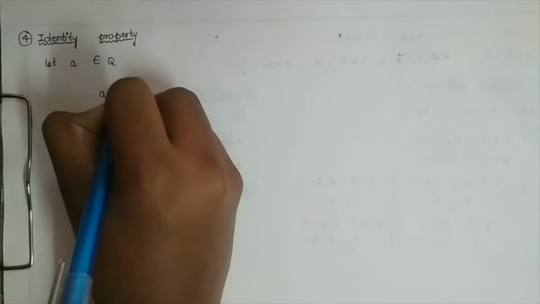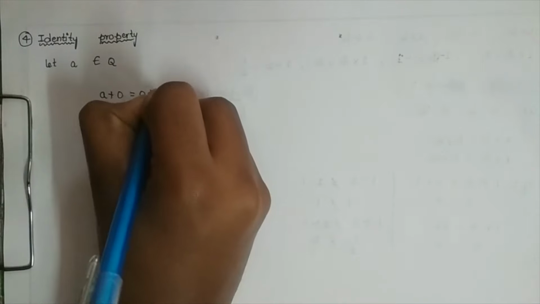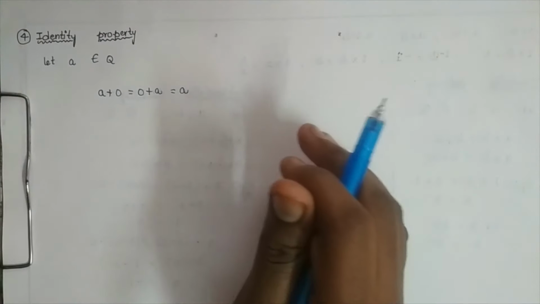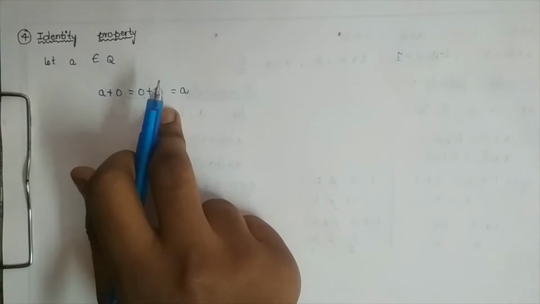Next property, identity property. So let us take only one letter a which belongs to rational numbers. So a plus 0 is equal to 0 plus a, which will give the same answer. So anything added to 0 or 0 added to anything gives the same number as the answer.